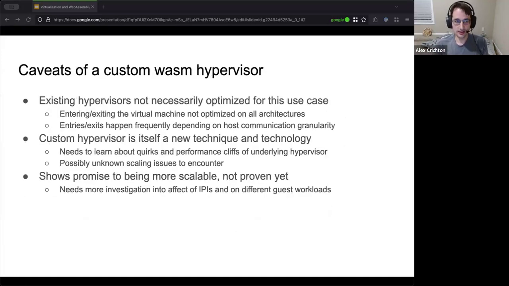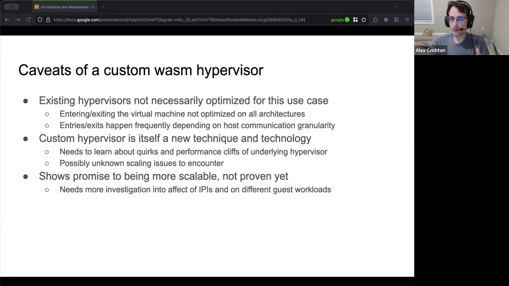Sorry, this is the last slide I've got in terms of caveats for this custom hypervisor aspect. This is where I've been saying hypervisor, but the term is a little loose, in that I'm sort of programming against KVM, just the hypervisor interface. So I can say, for example, existing hypervisors like KVM are not necessarily optimized for tens of thousands of virtual machines in the same process.